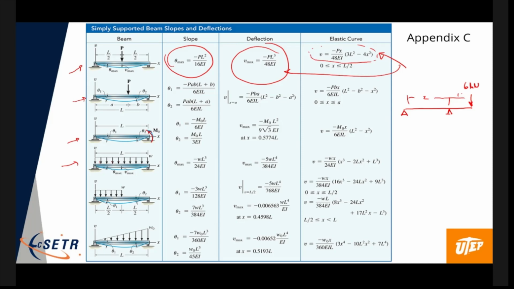You could be tempted to look at the beam tables to solve this. All right. So when we do that, you might be tempted to use this one, but unfortunately, in this particular case, the load is actually inside the pinned element, right? So it's not quite the same condition.